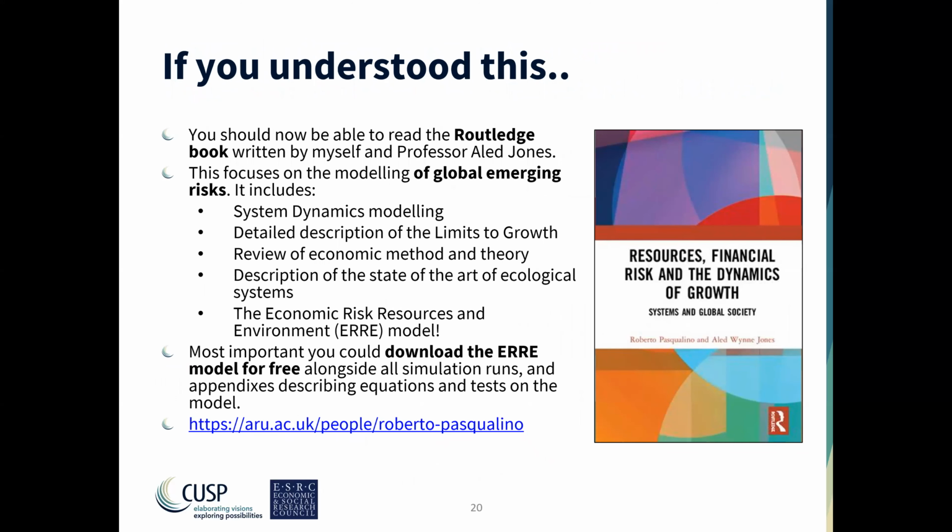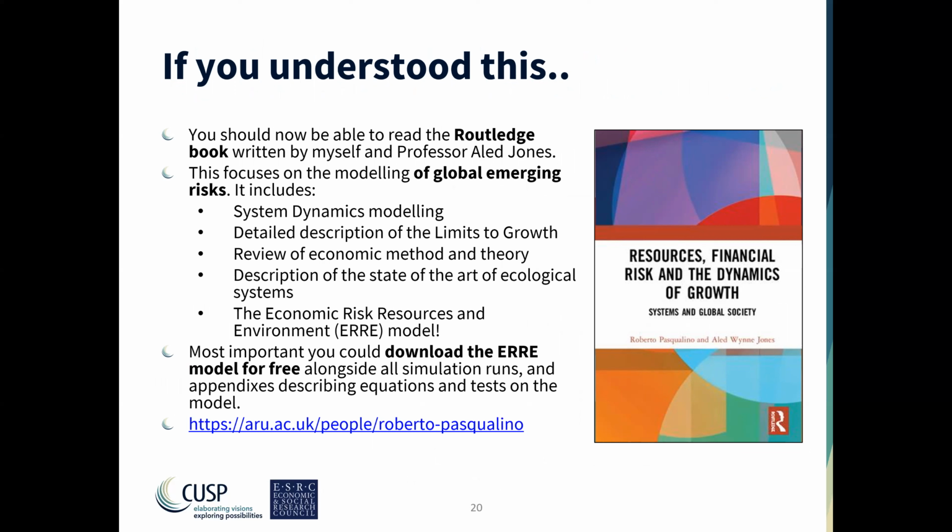So if you understood this, you should now be able to read without any problem the book that we wrote with Professor Aled Jones. The book is named Resources, Financial Risk and the Dynamics of Growth, System and Global Society. It's focused on global emerging risk, and we're going to talk about that in the next lecture. It includes much more than what we said in this presentation.